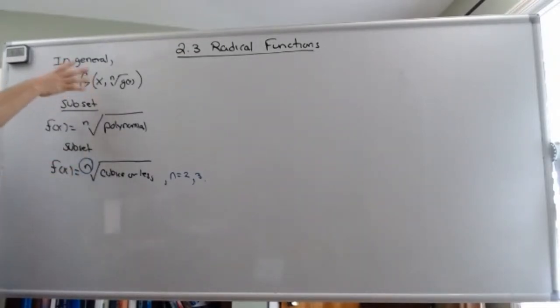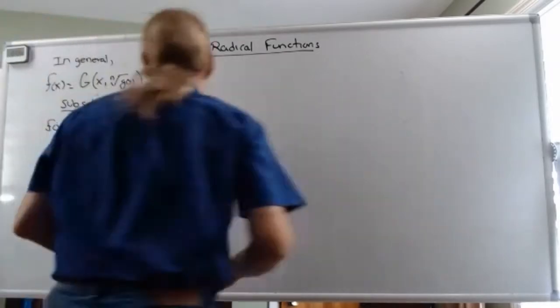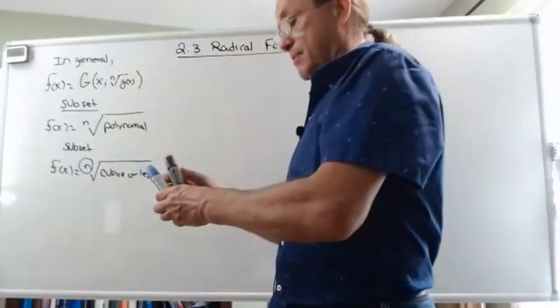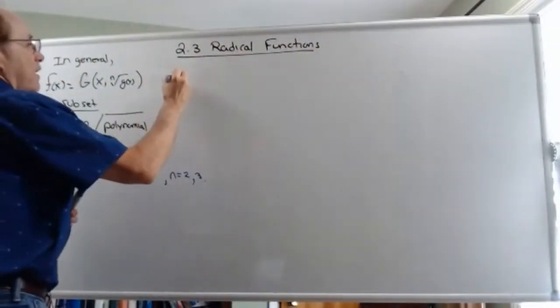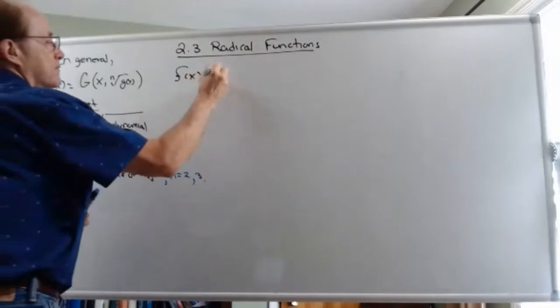So radicals in general can be extremely complicated because they can look wild and unwieldy. For example, let me show you just how bad it could look. If you're looking at a function, it could look something like this.